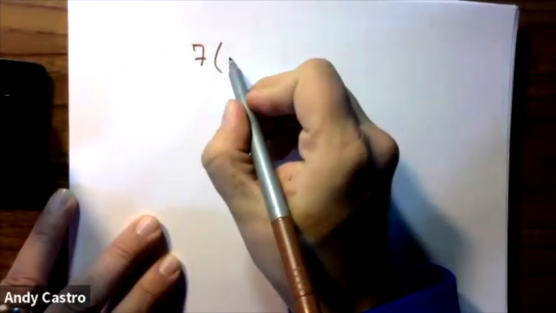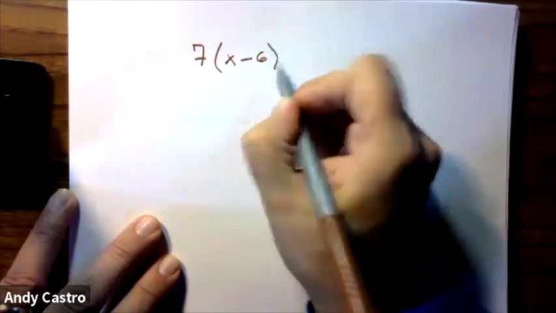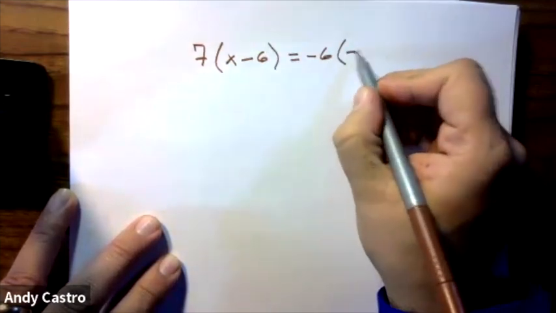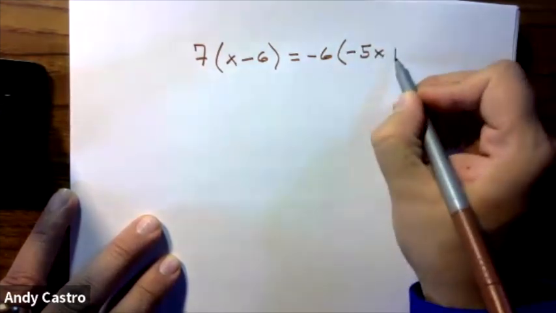7 times the quantity x minus 6 is equal to -6 times the quantity -5x plus 7.